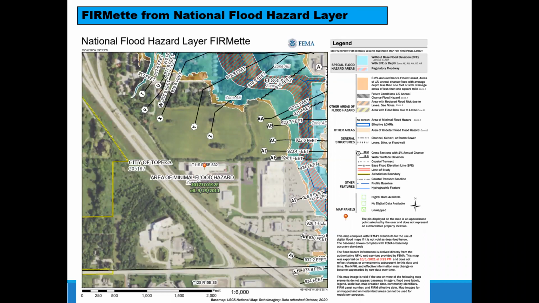So this is nice and useful. I can use this for anything I would use a format for. That could support LOMA paperwork if I was going to do that, and I will spend some time talking more about LOMAs and what that means. But basically, I have a miniature version of the FIRM that's zoomed in on my area of interest so that I can take a closer look at it.